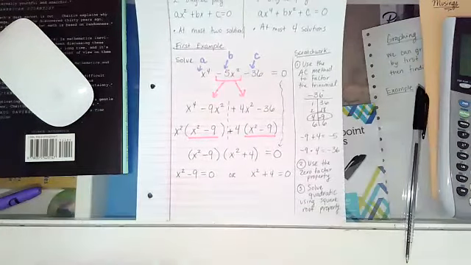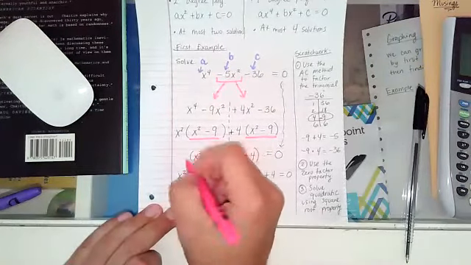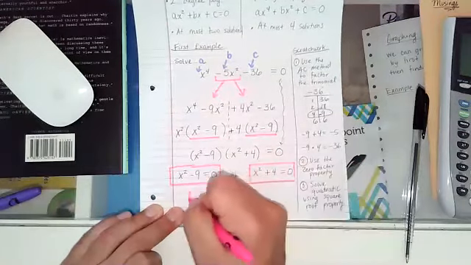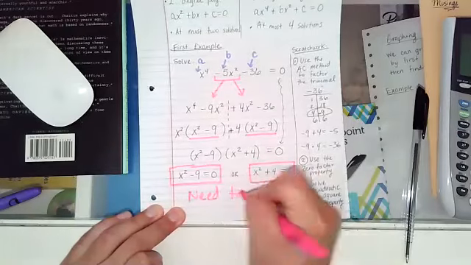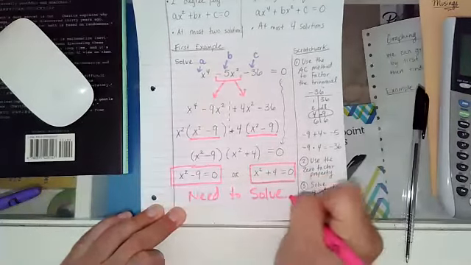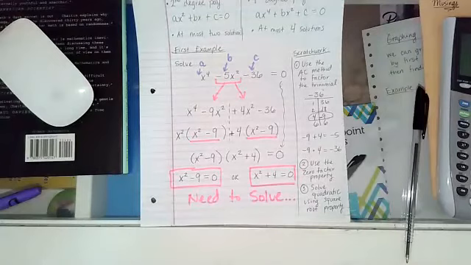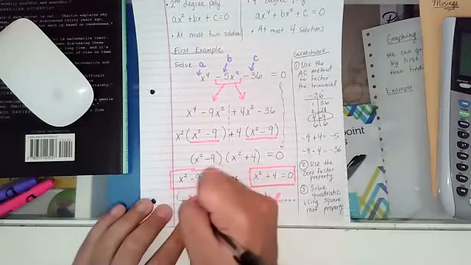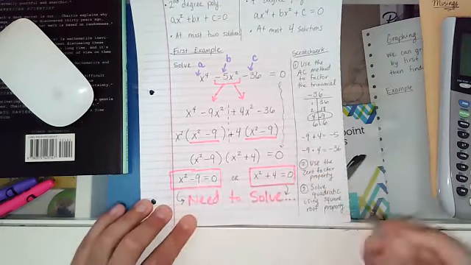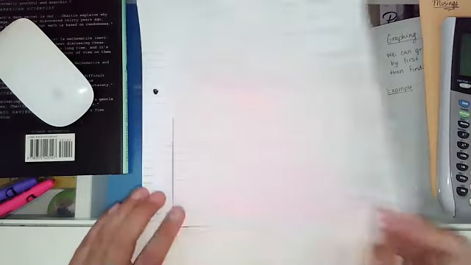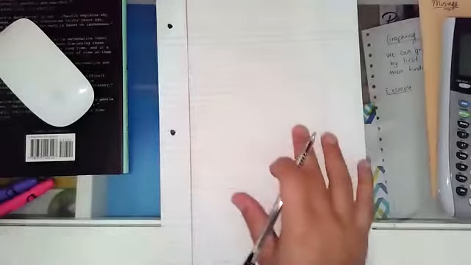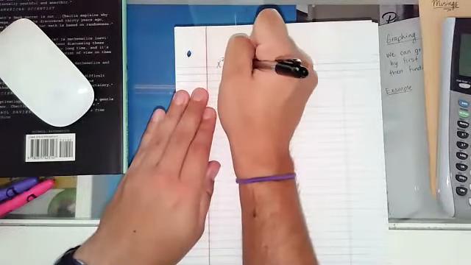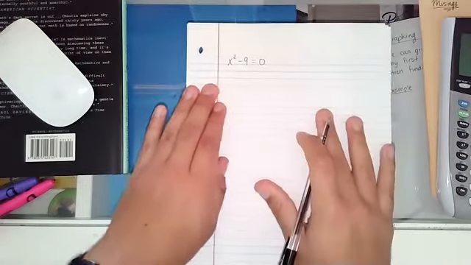So these are the two equations that I need to solve. So I have x squared minus 9 is equal to 0.